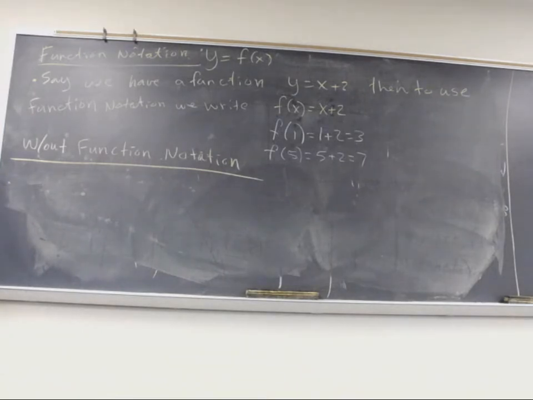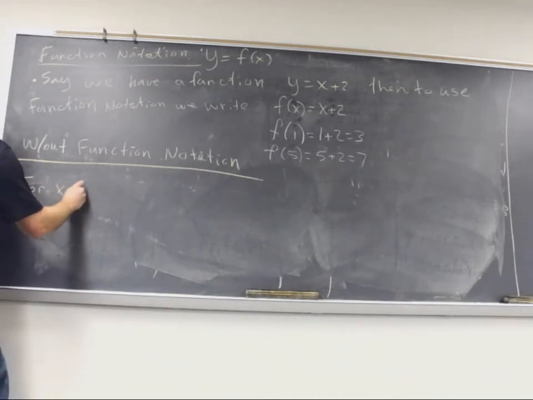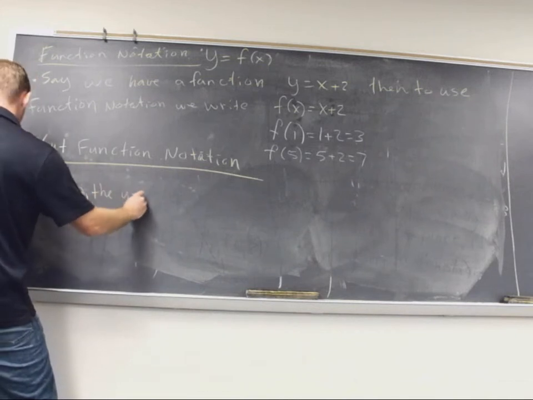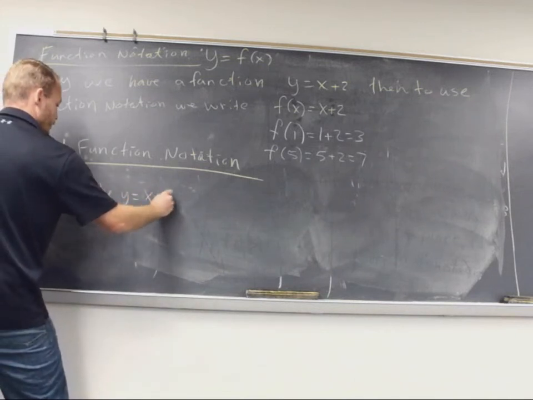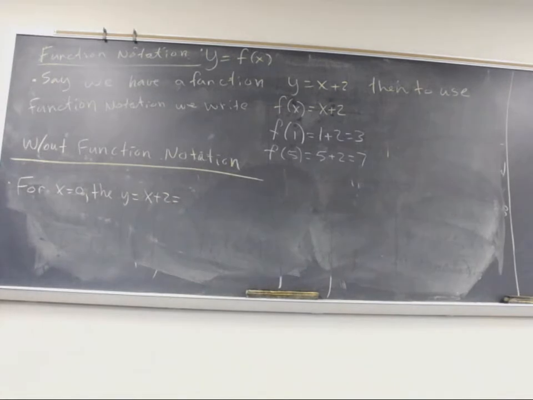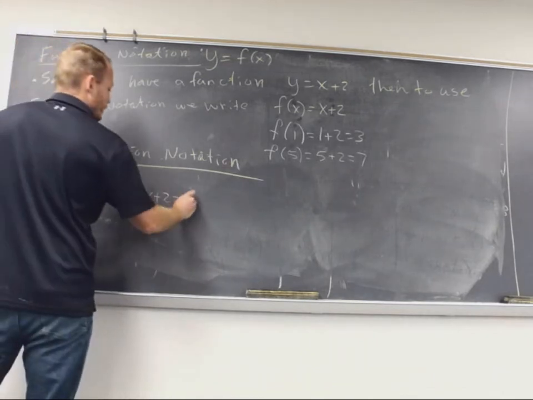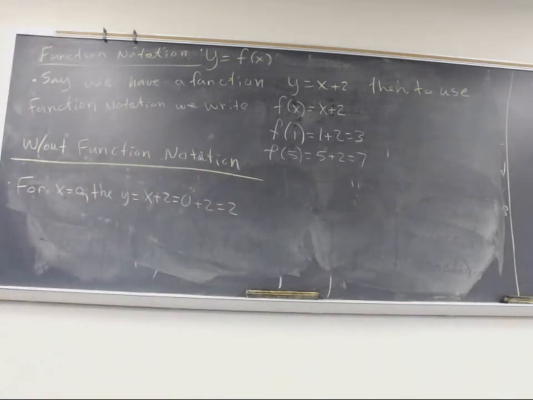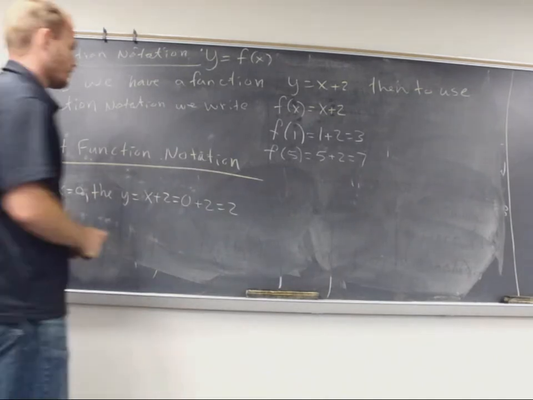We would have to say for x equals 0, then y equals x plus 2 is equal to... So this means if x is 0, we're going to replace this x with 0 also. So it's 0 plus 2, which is 2. All right, so there's a bit of writing doing it that way.